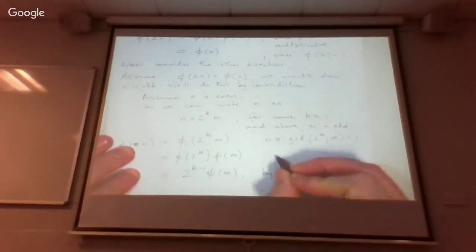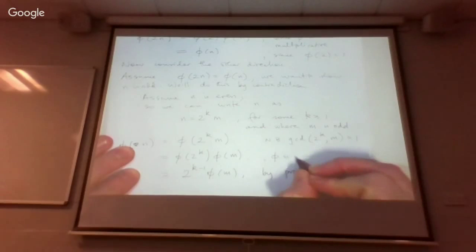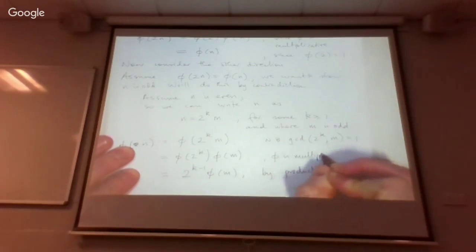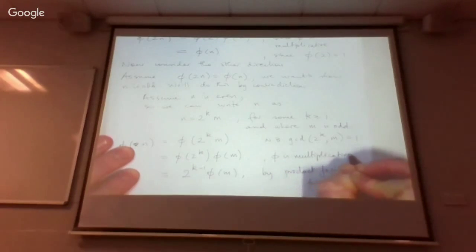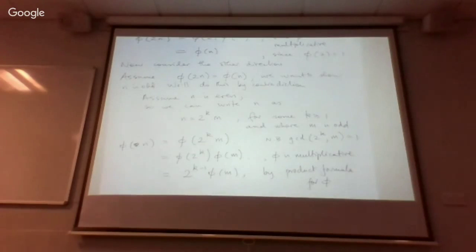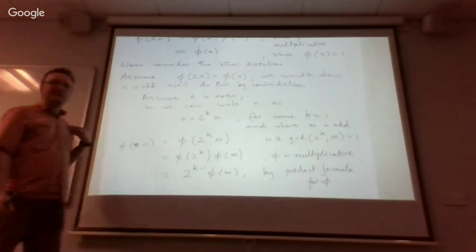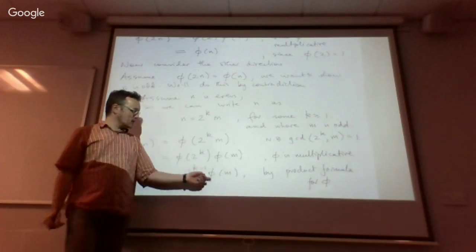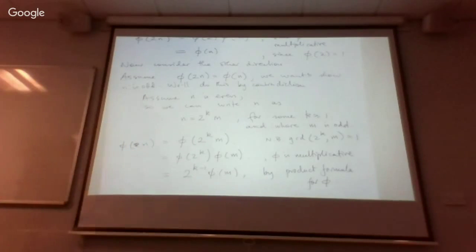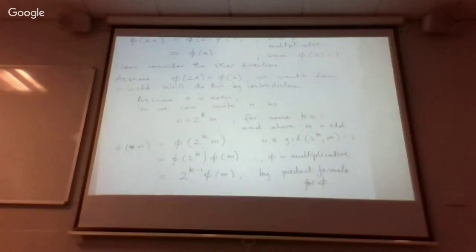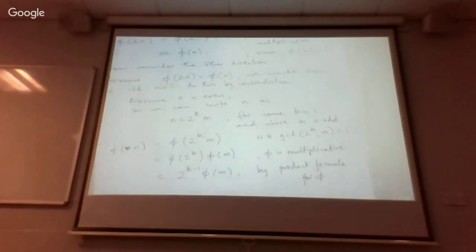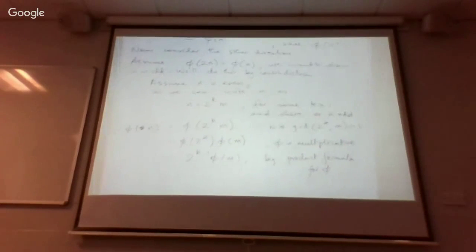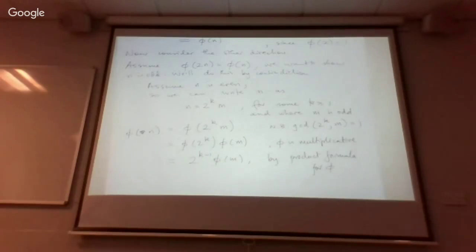The previous step was by, since phi is multiplicative. Okay, so that's what phi of n looks like. We've expressed it as 2 to the power k minus 1 times phi of m. m is just some unknown odd number to us, so it's not like we can make much progress here.